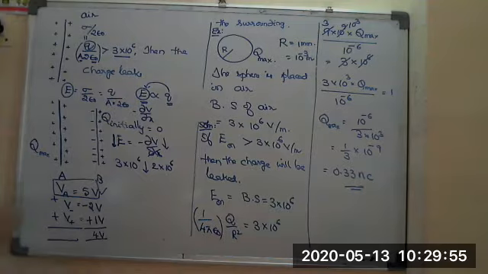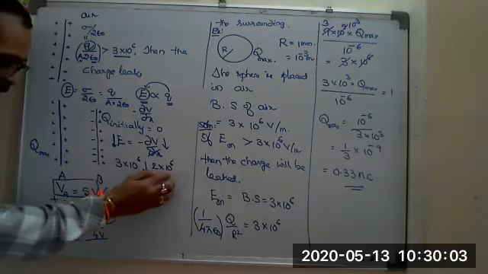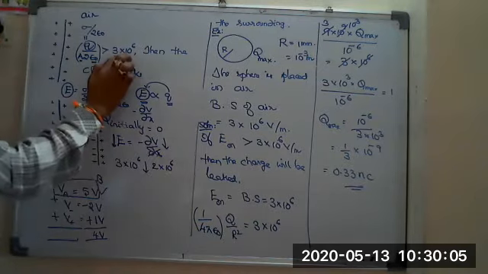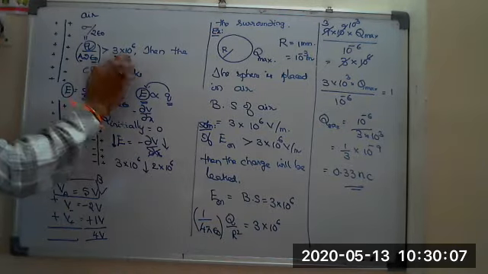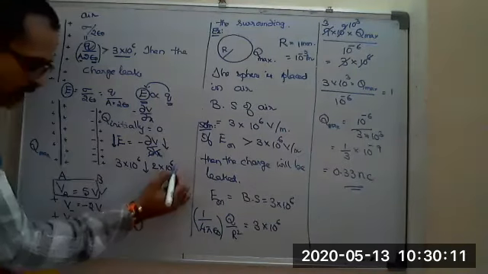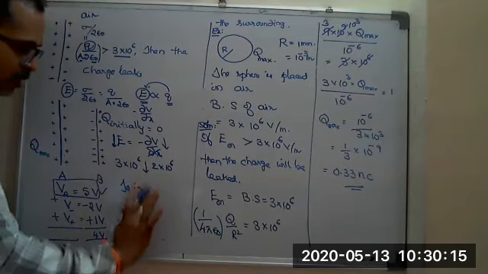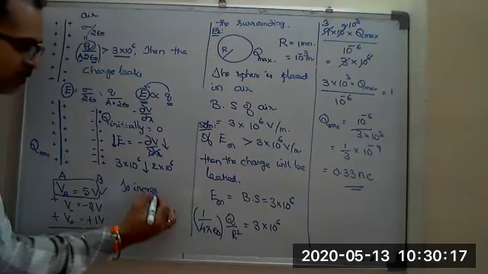Then the charge won't leak into air. That's why, again, to increase this value to the breaking strength of the surrounding medium, which is 3 into 10 power 6, to increase whom, Nana?